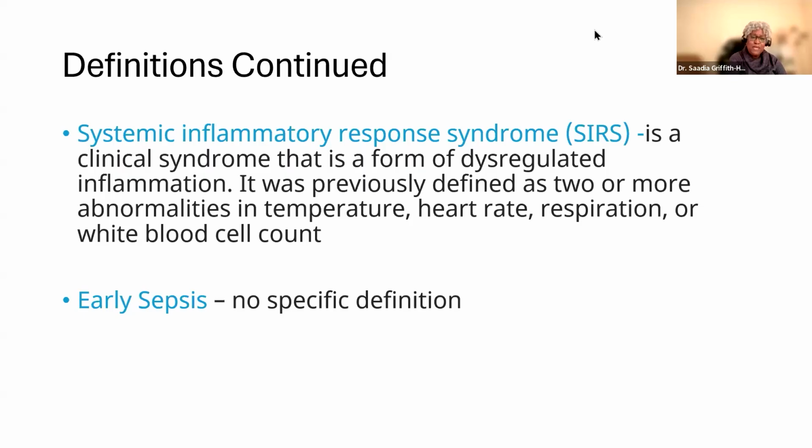Because of that, SIRS is not used very much. Although I think if you see these abnormalities, you know you're having a dysregulated form of inflammation, and it should make you think that this is a patient who is seriously ill and perhaps does have an infection.